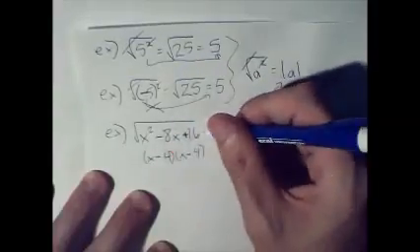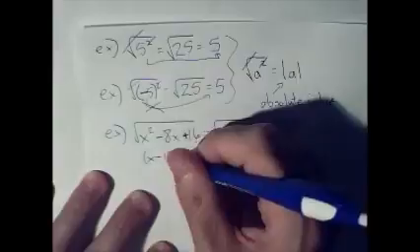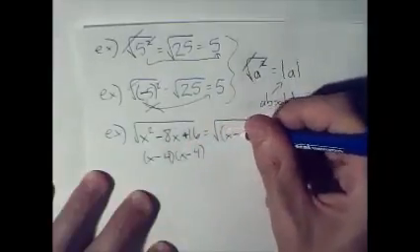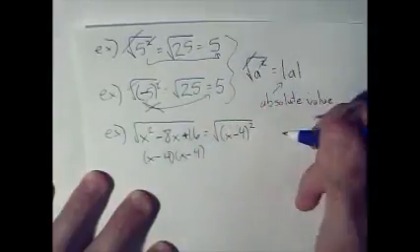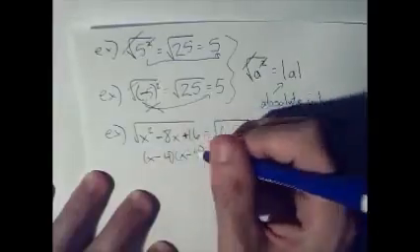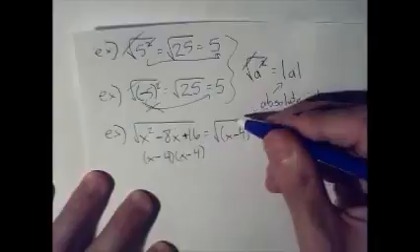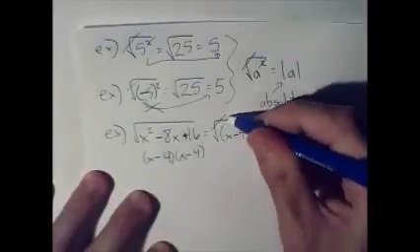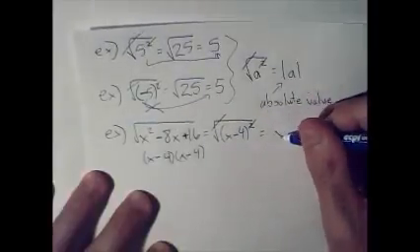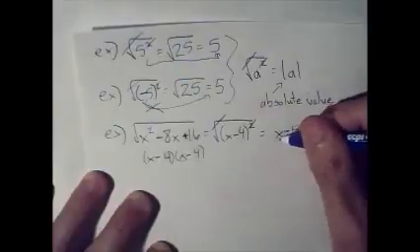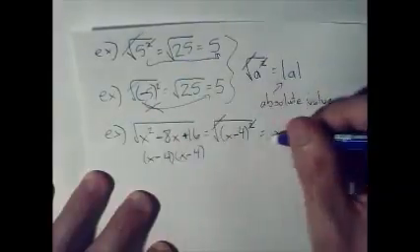But notice the nice coincidence here is x minus 4 times x minus 4 is x minus 4 squared. And plan on that being what happens with these polynomials they give us in these radicals, because the whole point of this is the square cancels out the square root, vice versa, leaving me with x minus 4. But the problem is we didn't know whether it was positive or negative.